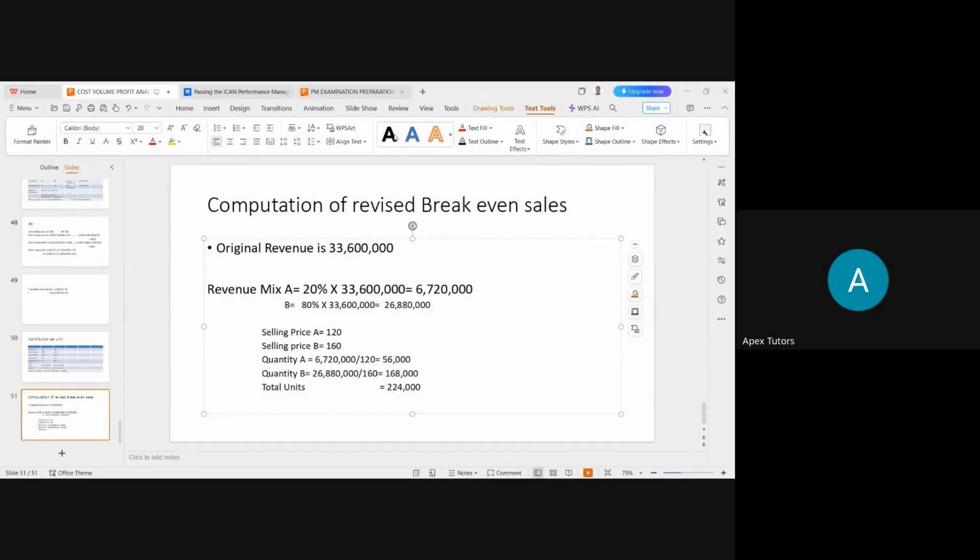So at this point, I want to ask a question. What will be the sales mix based on the units produced?